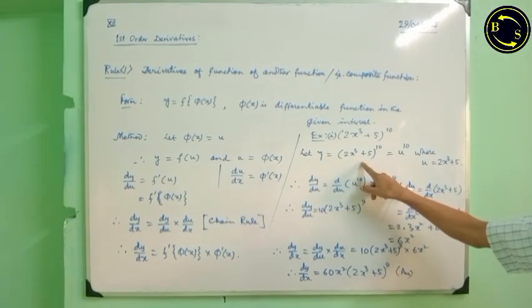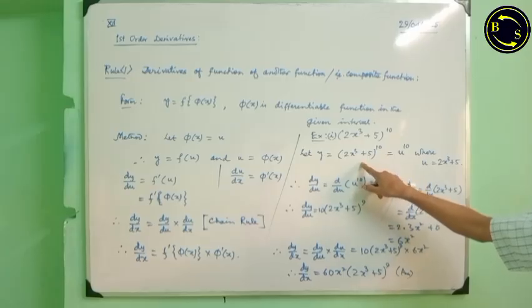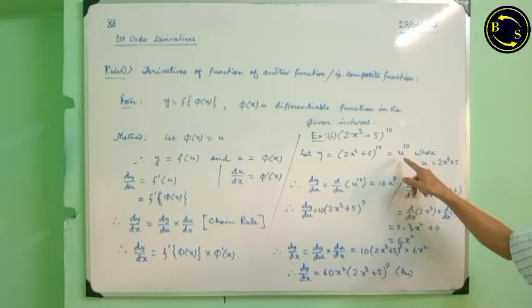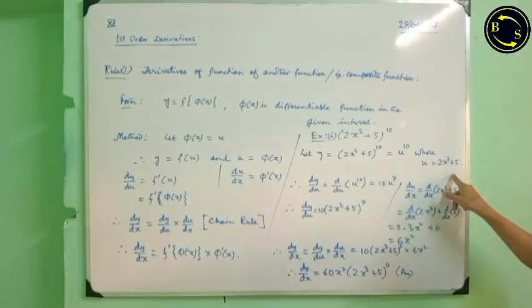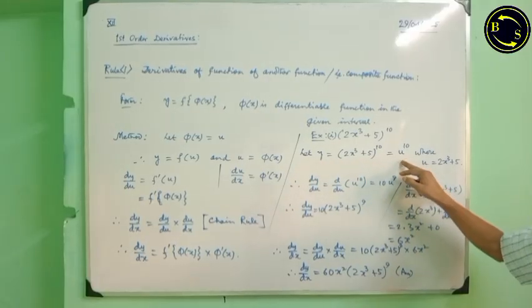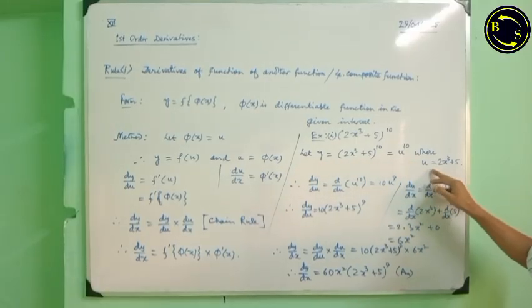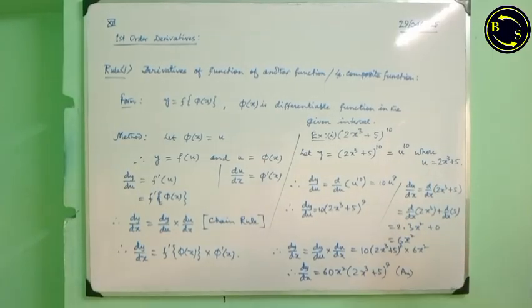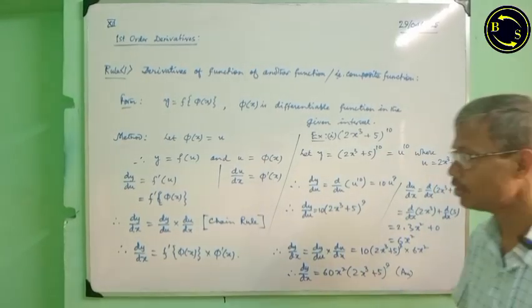Now this is not in that form x to the power n, that is why we first take this one as u. Then y is equal to u to the power 10, where u equal to this. Now y is expressed as function of u and u is function of x. Then I have followed these steps. Follow carefully. The first term is solved.